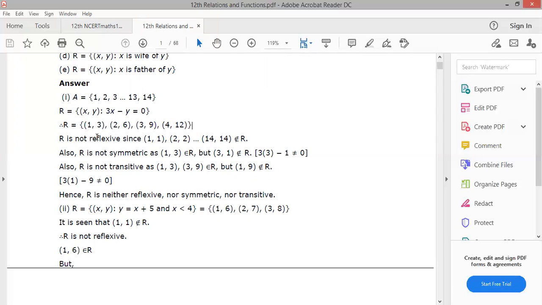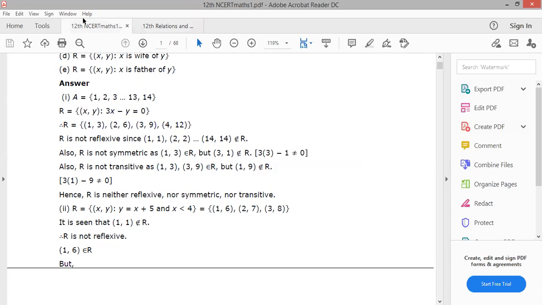So it's not symmetric. Now, is this transitive? (1, 3) belongs to this, (3, 9) belongs to this, but (1, 9) does not belong to this. So it's not transitive. So this relation is neither reflexive, nor symmetric, nor transitive. Hence, it is not an equivalence relation.